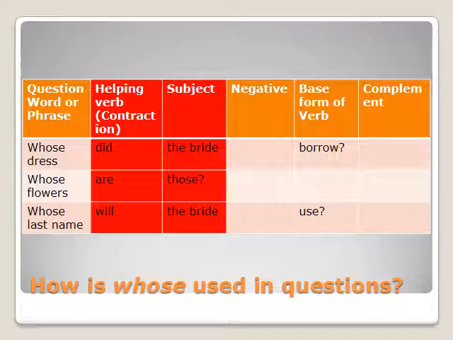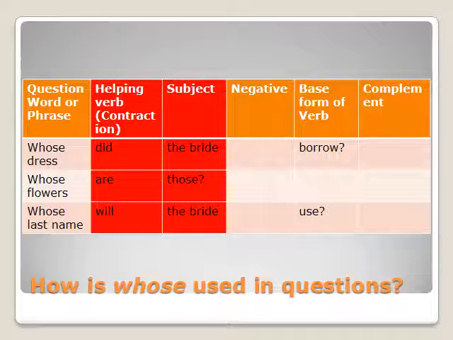So in these examples, we're saying, whose dress did the bride borrow? So we have whose and then the noun dress. But I could also say, whose did the bride borrow, if both I and the speaker know that I'm talking about a dress. So, whose flowers are those? Again, I could also say, whose are those?